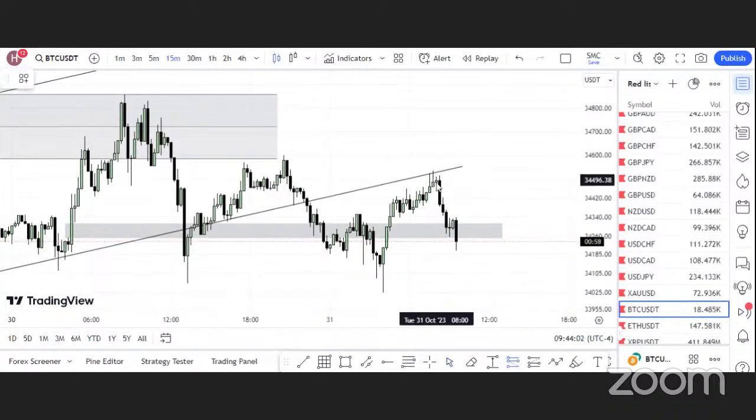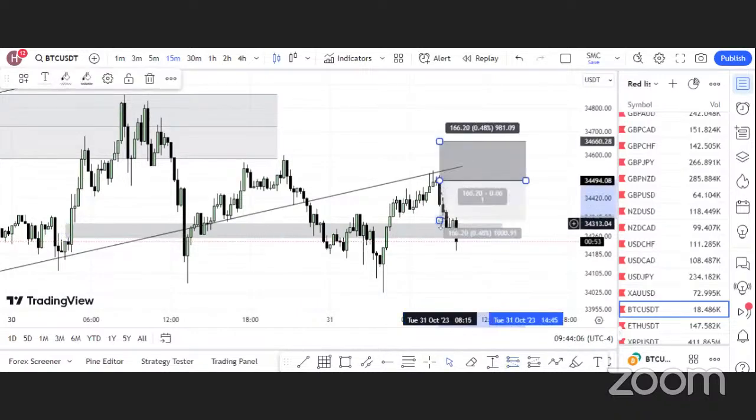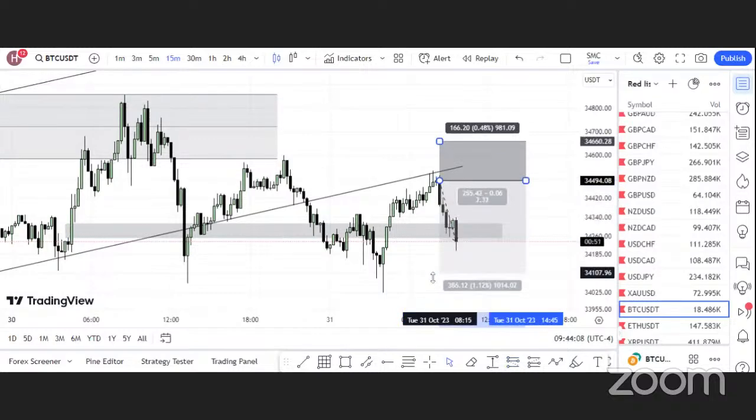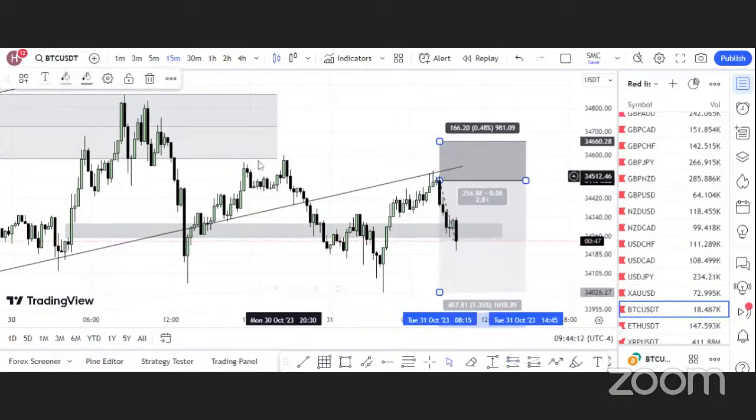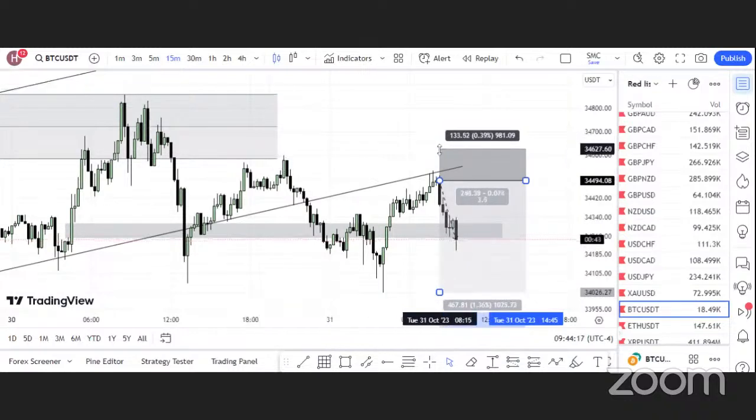If I saw this, this could have been my entry point, and my take profit would have been just this low. I would have targeted this area as my stop loss. So let's round that up to 3.5.